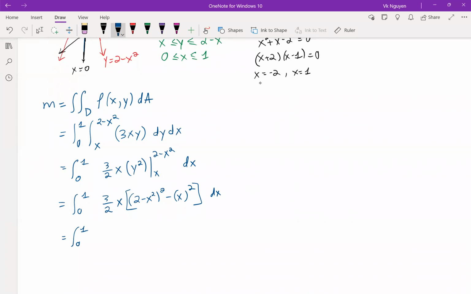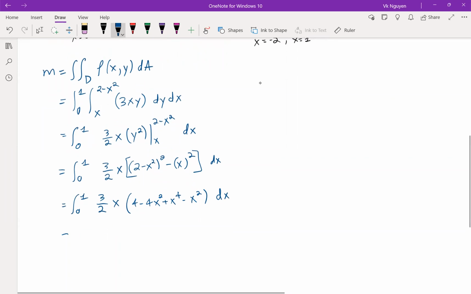Oh man, I was planning the 3 over 2 outside, so it's going to be 4 minus 4x squared plus x to the 4th minus x squared dx.